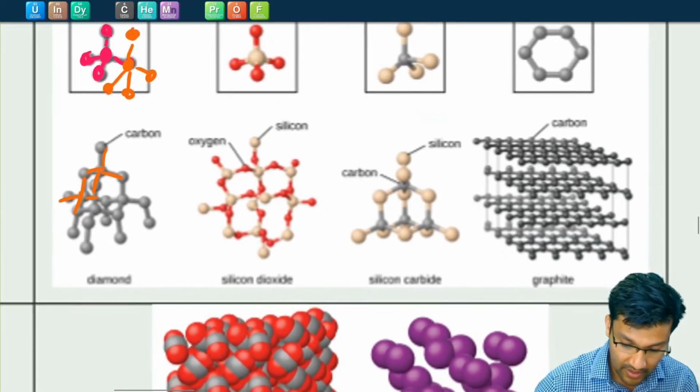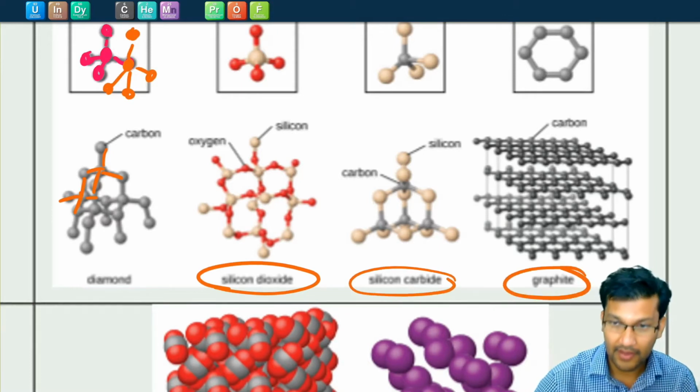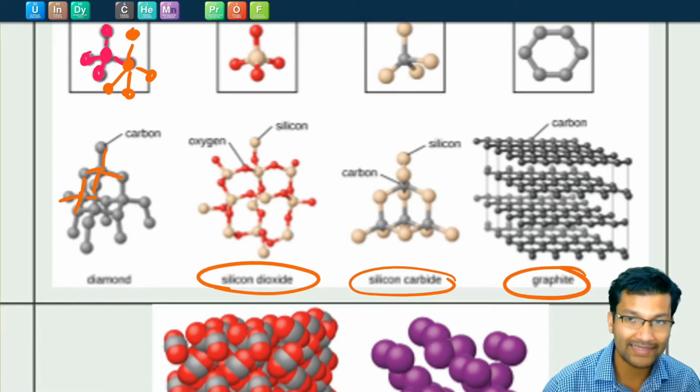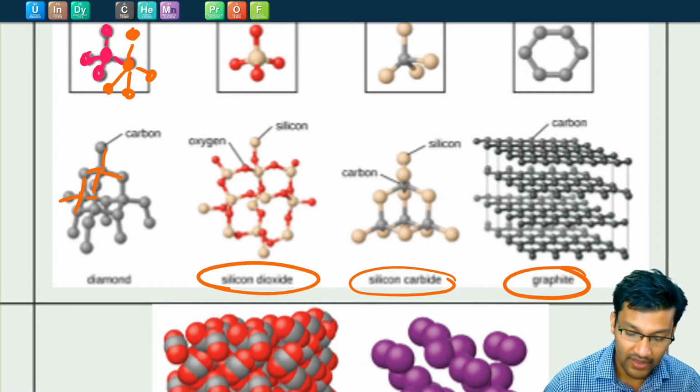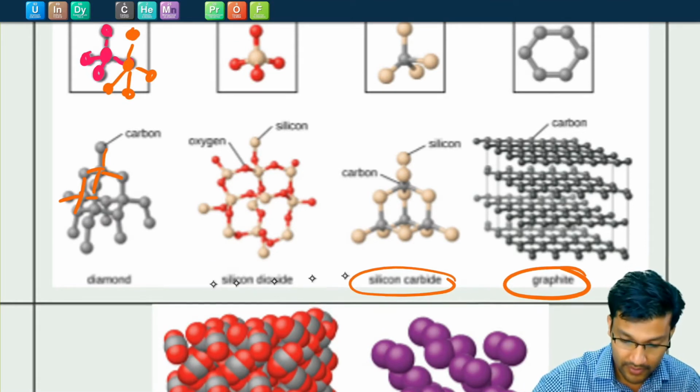There are lots of other examples like silicon dioxide, silicon carbide, graphene. They're all compounds that are covalently bonded together, and with some repeating pattern, right?